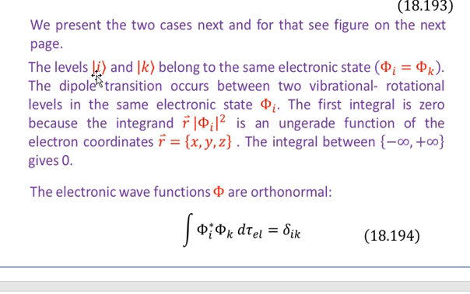In the figure I specified the two levels as electronic level 1 and electronic level 2. You can also consider those two as the ith level and the kth level, where the ith level is the higher level and the kth level is the lower level.